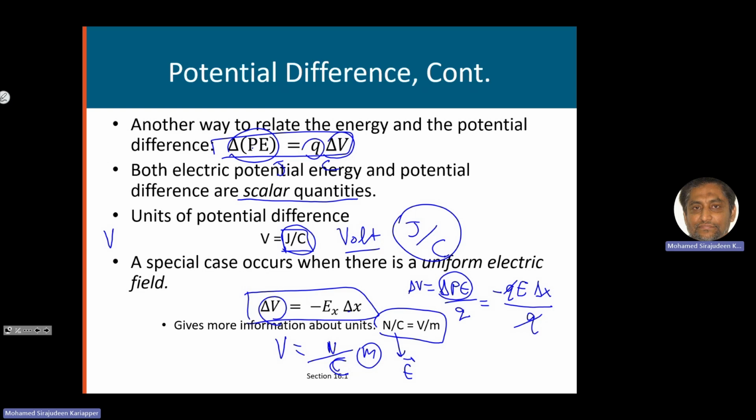Newton per Coulomb is the definition, force per unit charge. But now we are relating the potential difference and the electric field by this equation. So that tells us an alternative unit for electric field is volt per meter, identical to Newton per Coulomb.